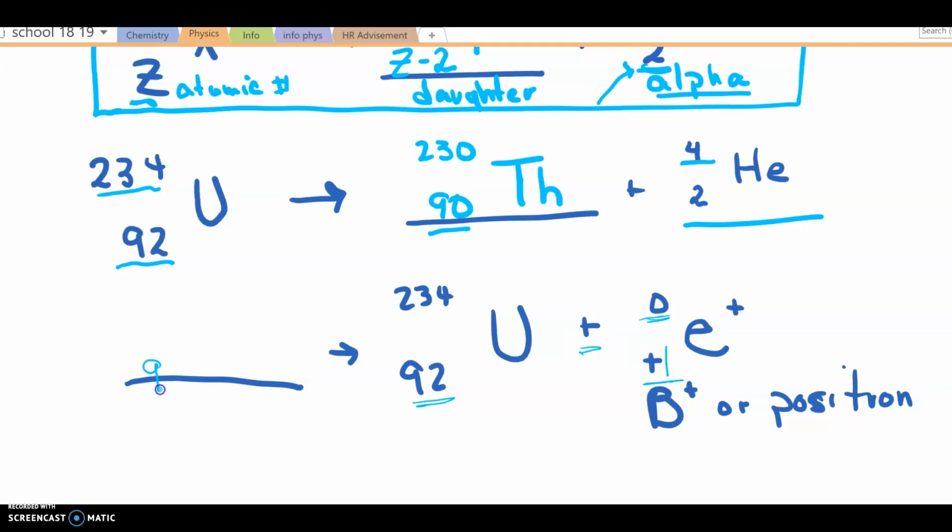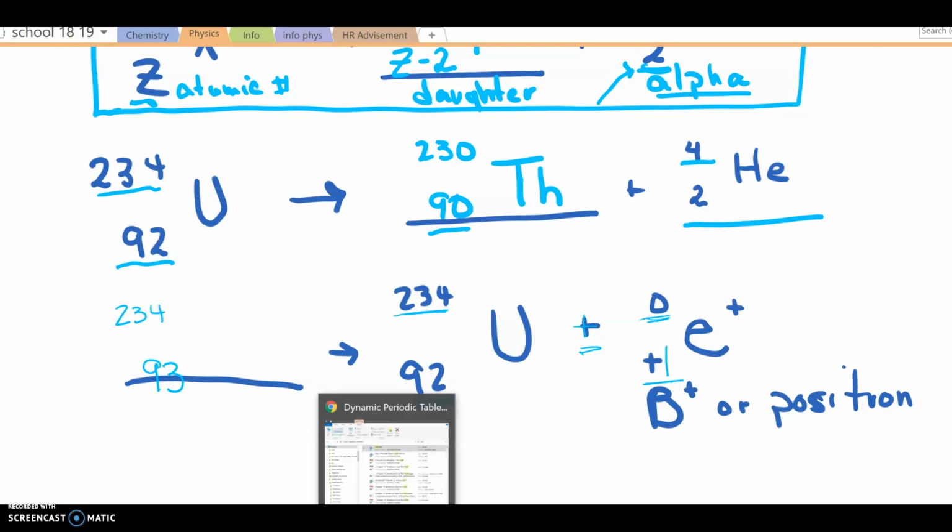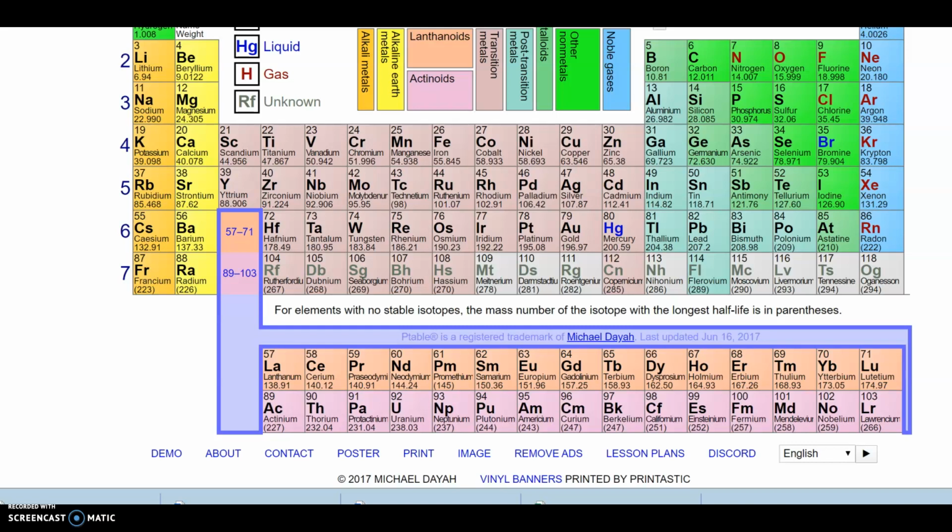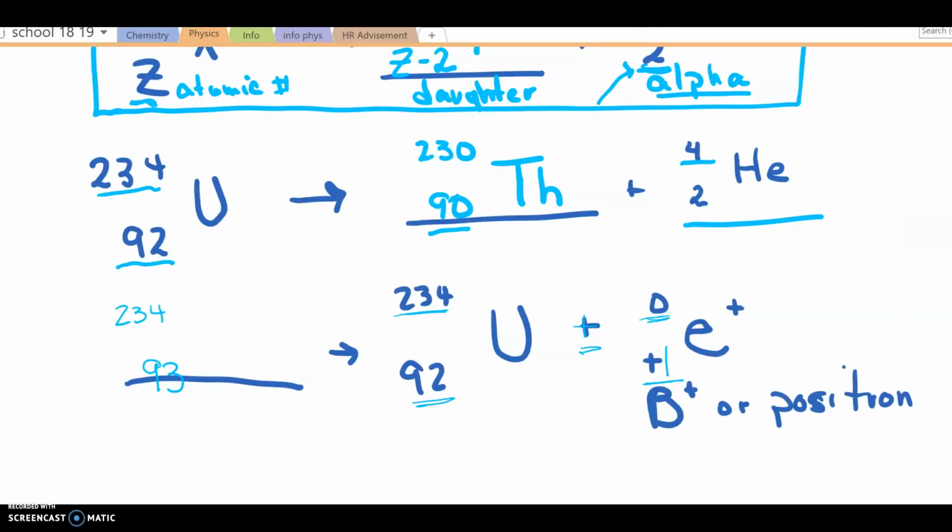So we know our new element formed is going to have the atomic number 93. We know what's going in our blank is going to be 234 plus 0, so its mass number is still 234. Looking over on our periodic table, number 93 is neptunium, so we know Np goes in this blank.